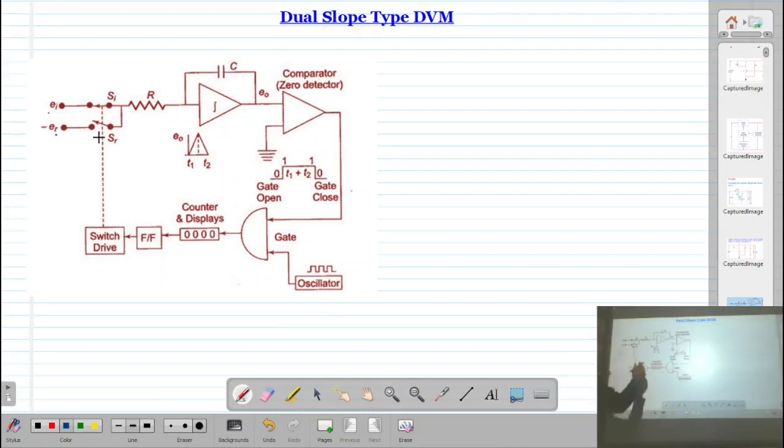Remember, this switch will be connected to the input voltage, and then the switch will also be connected to a reference voltage. Then here resistance R and C is there, and this part is our integrator circuit.